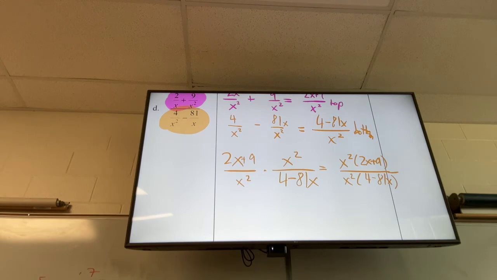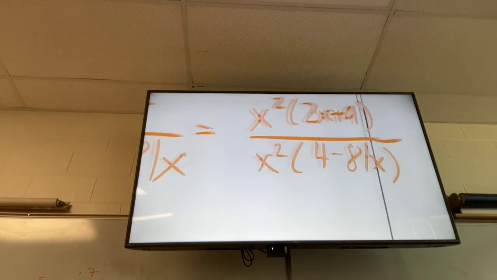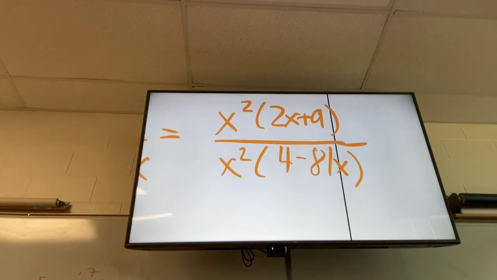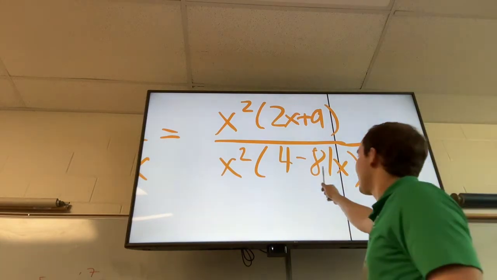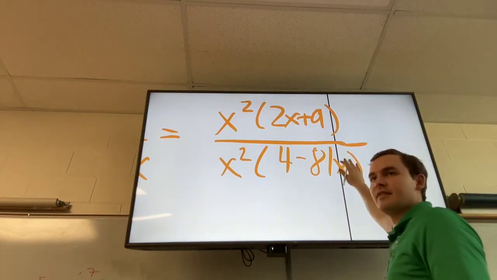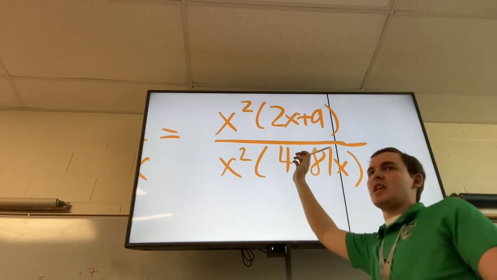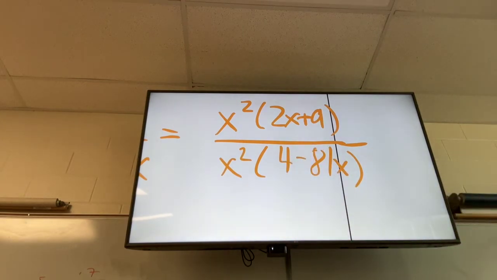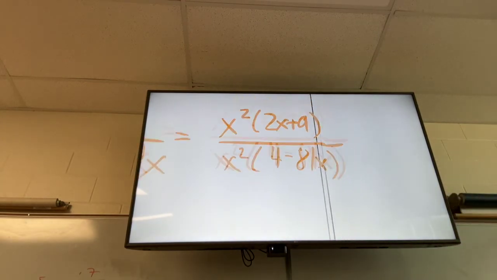Now let's simplify our answer. Can I factor anything here? This is not a difference of squares because the x is just regular x, so we can't do that. There's no GCF, so we can't factor. Okay, so we write down what?